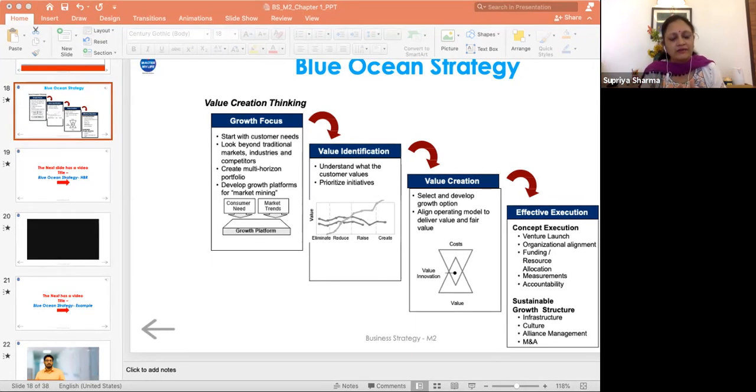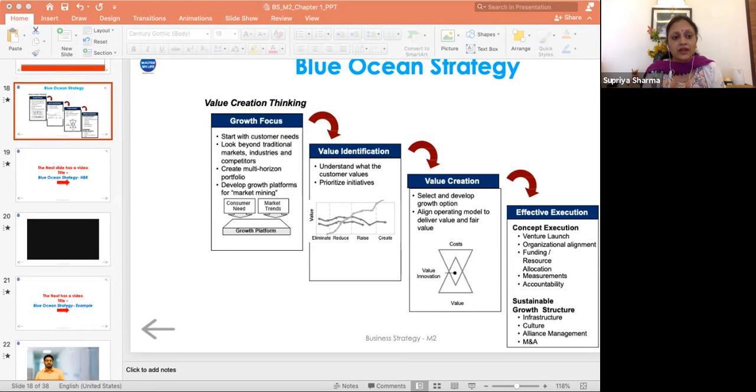It is generally, when we are talking about value innovation, it is created in the region where a company's actions favorably affect both its cost structure and its value proposition to the buyers. And when we are talking about cost savings here, they are made by eliminating and reducing the factors that an industry competes on.